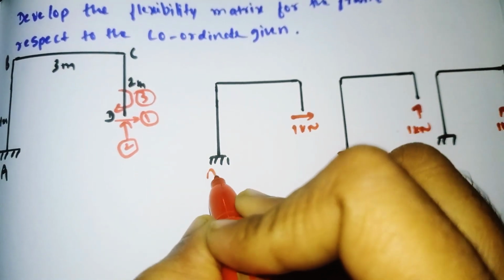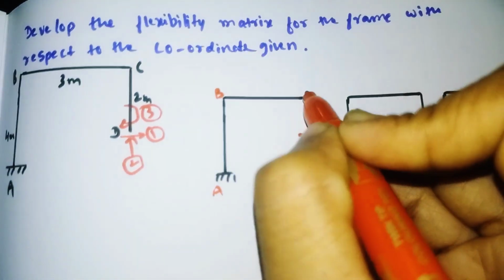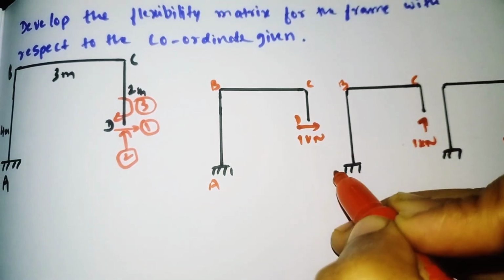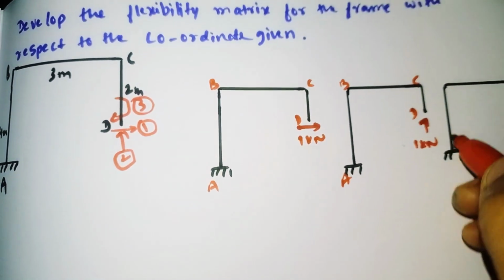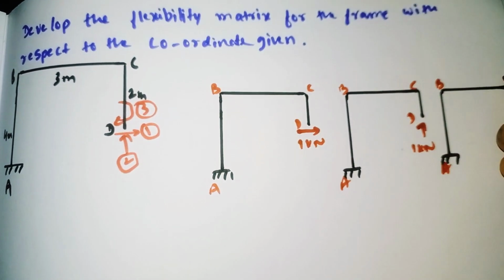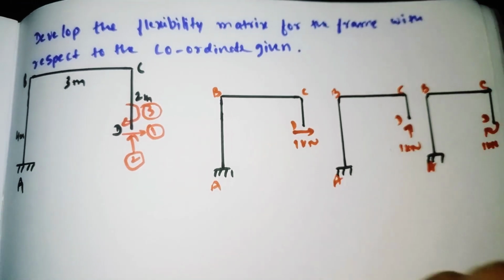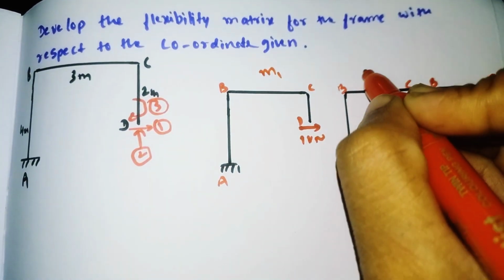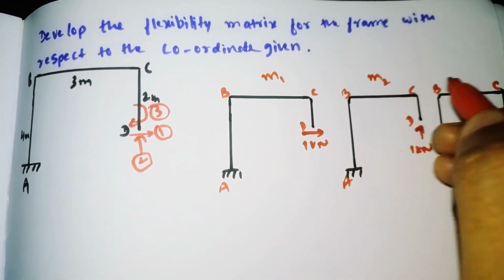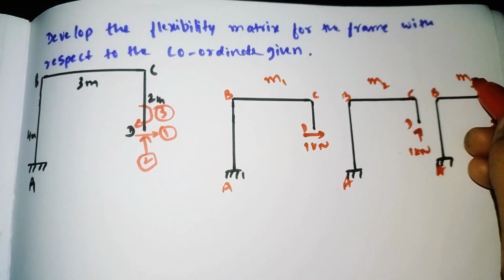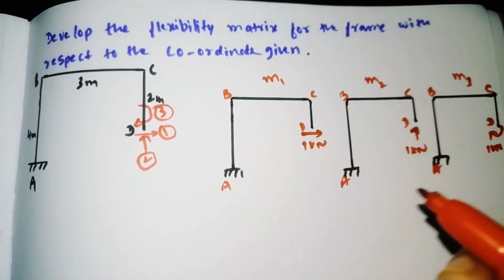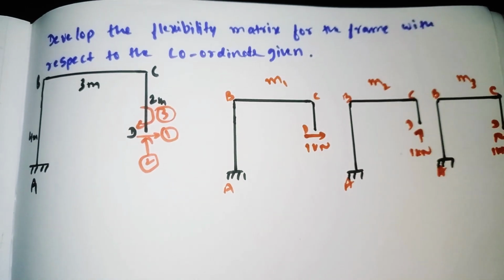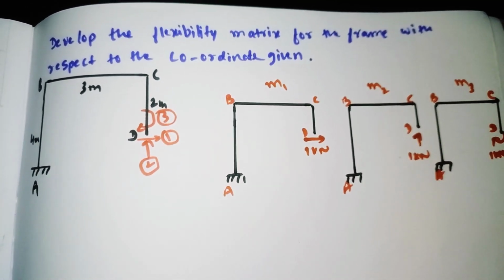This is the point A, B, give the names C and D. Same for this, and this also A, B, C and D. Now call it M1, and this is M2 and M3. This is the moment of coordinate number 1, moment of coordinate number 2 and moment of coordinate number 3.